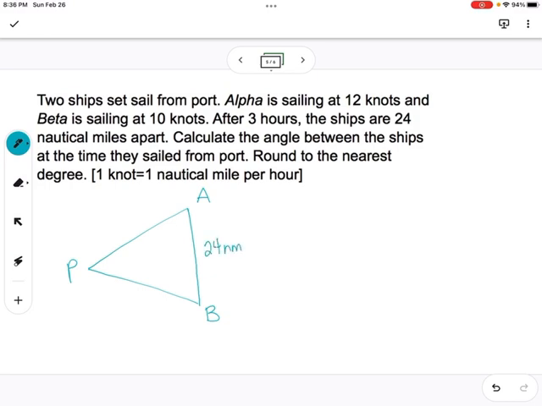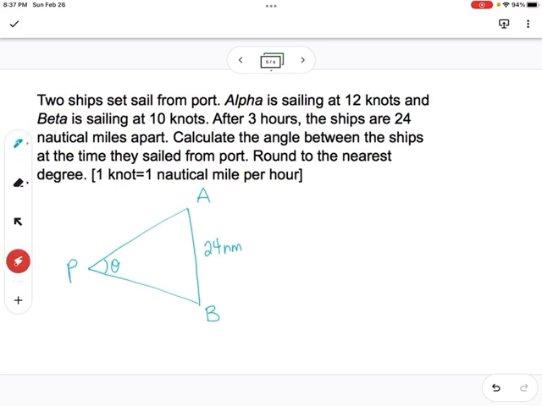Okay, so it tells us that ship A and B are 24 nautical miles apart, so we label that. Calculate the angle between the ships at the time they sailed from port. So we want to know what this angle is going to be right here. Round to the nearest degree, and we also know that 1 knot equals 1 nautical mile per hour.